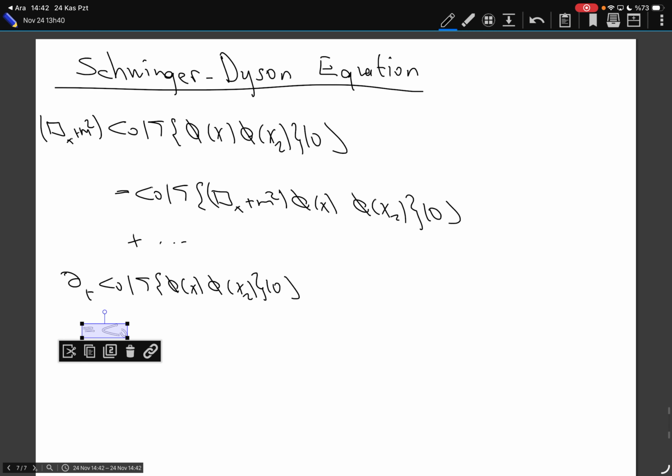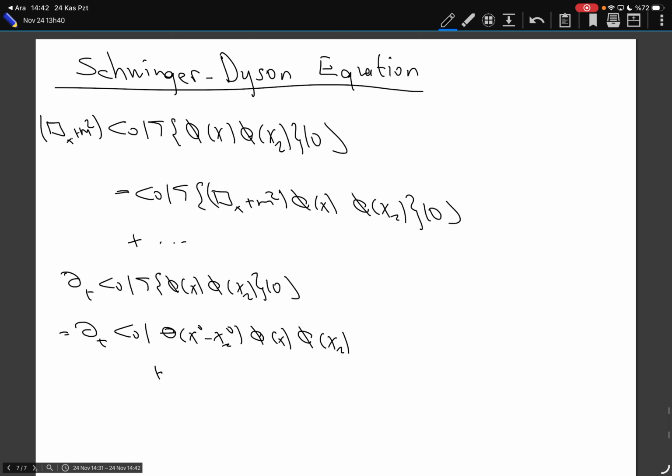This is the time derivative of theta of x0 minus x20, phi of x, phi of x2, plus theta of x20 minus x0, phi of x2, phi of x.